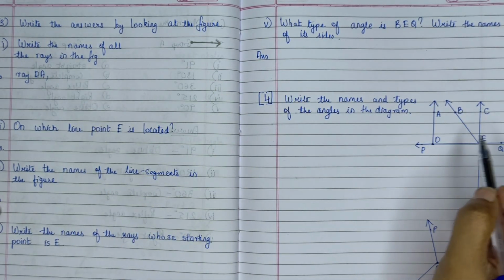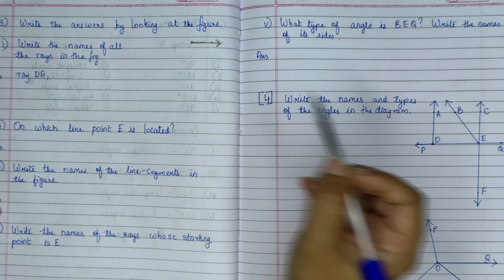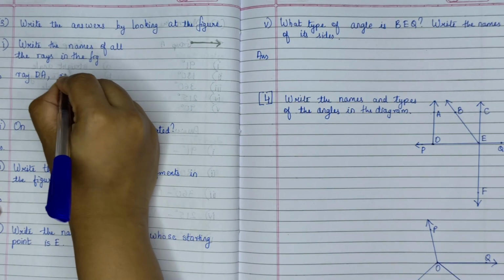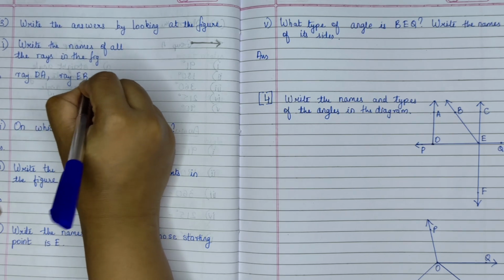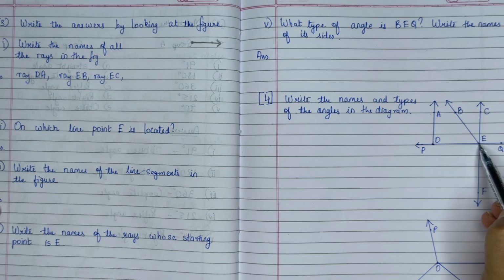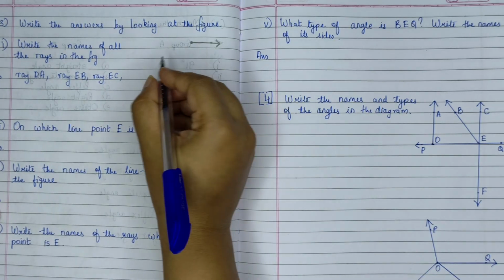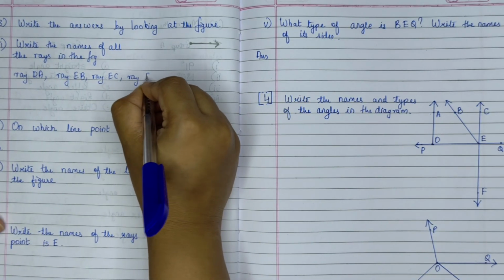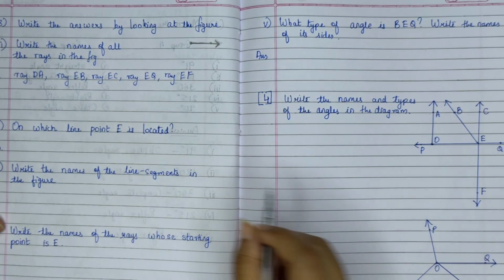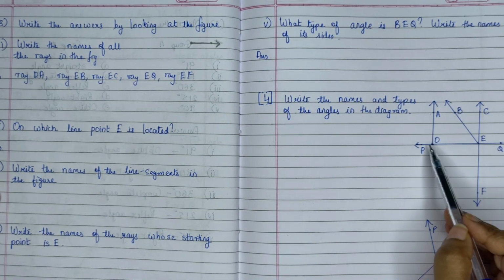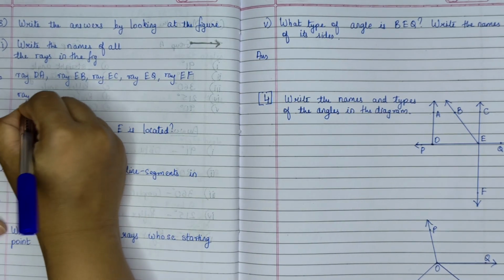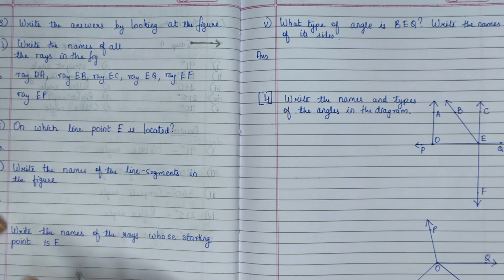You can name all the rays over here because they have told you all the rays. Okay, so first we took DA, EB, EC, ray EQ, EF, ray EP.